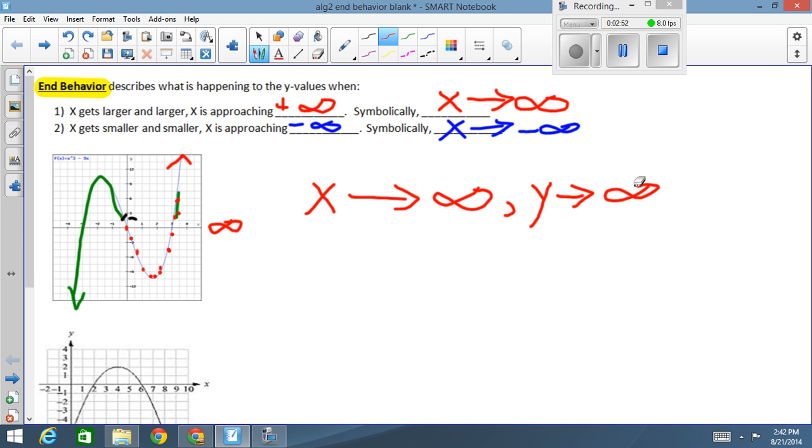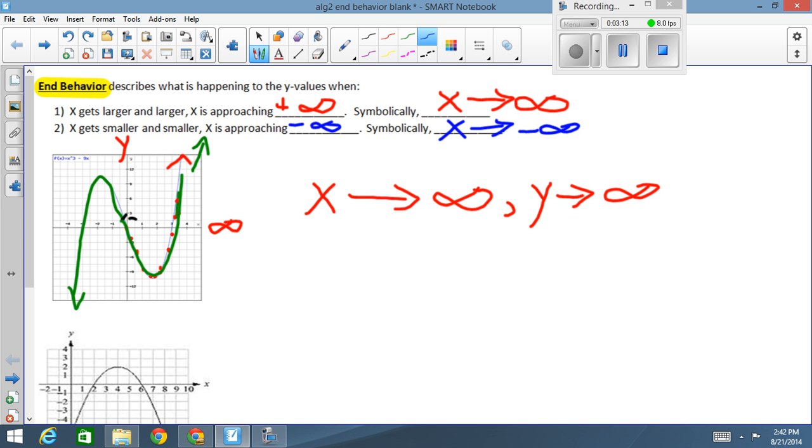Okay? Because remember, my y values, that's my up and down. As x approaches infinity, y also approaches infinity because it keeps on going up.